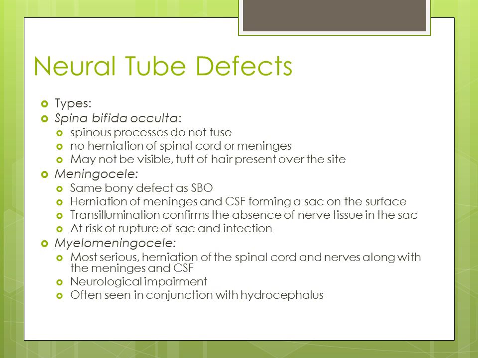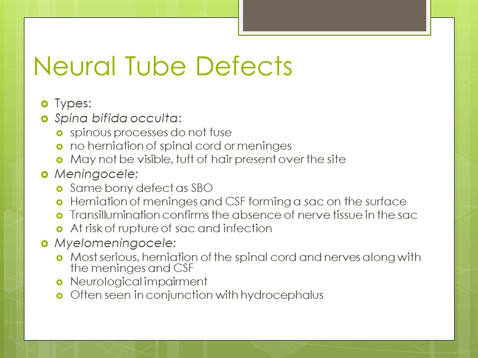And then the last is called myelomeningocele, and this is the most serious, and this is where there's a herniation of the spinal cord and nerves along with the meninges and the CSF. So with the meningocele, it's just the meninges and the CSF that are herniating out.